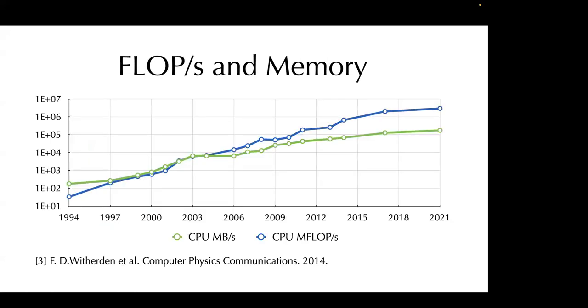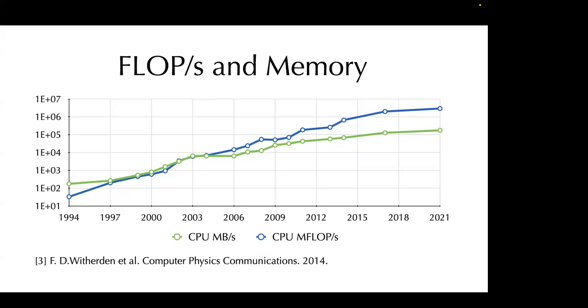In addition, this expense is often not a favorable kind of expense. What I'm showing on the slide is trends in the capabilities of Intel CPUs from 1994 to the present day. And what we're looking at in green is the bandwidth of the CPU, so how quickly you can get data in and out of memory.